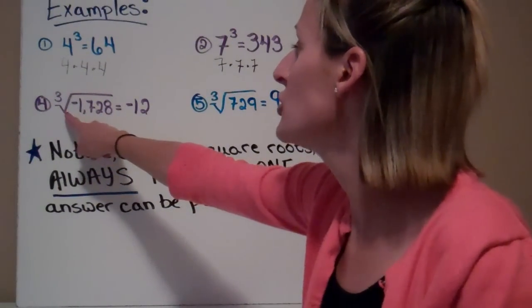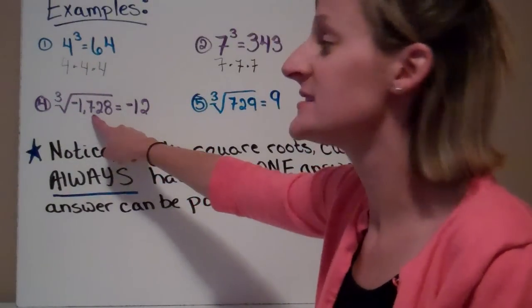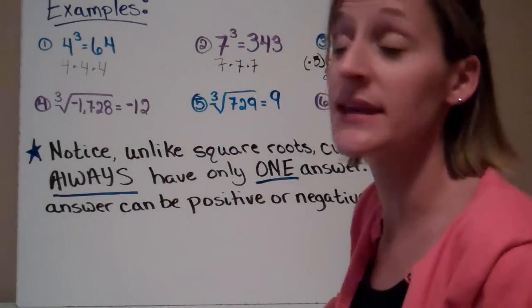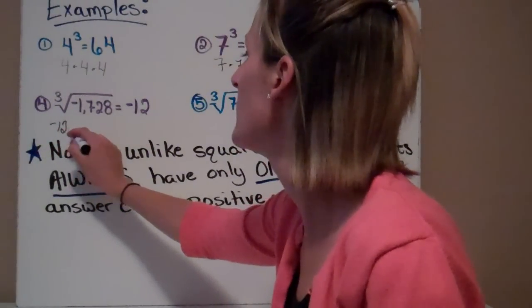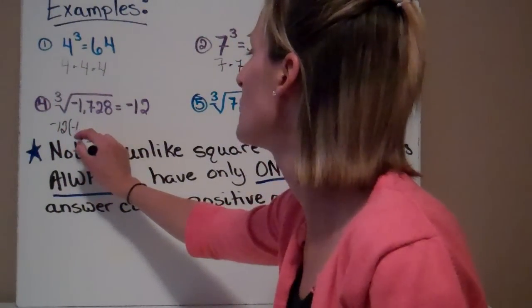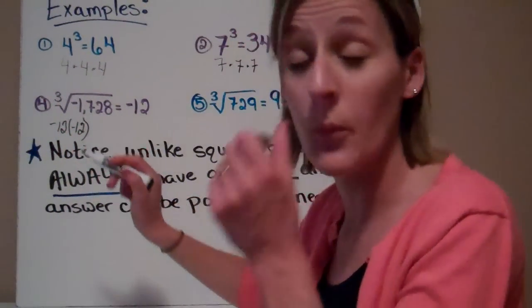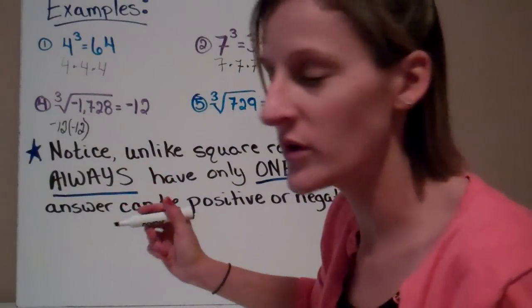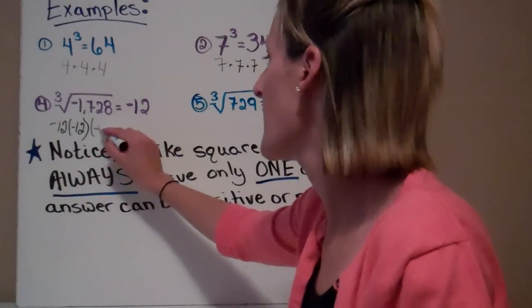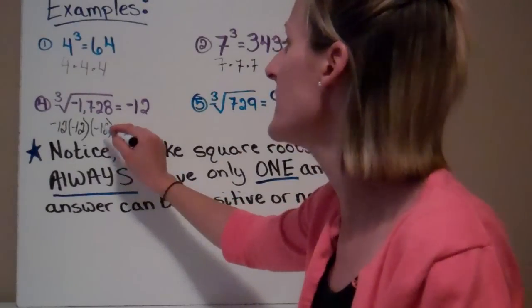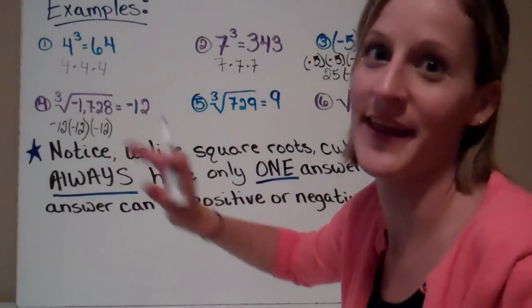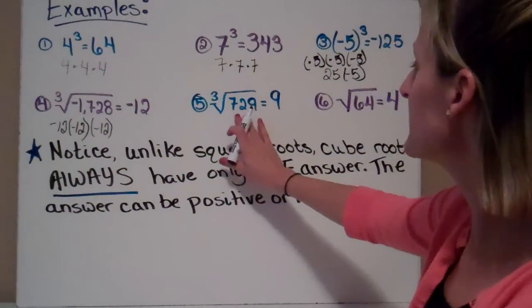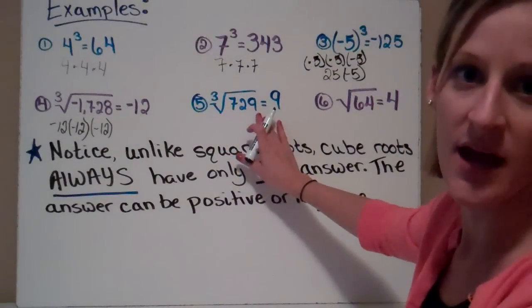So if I take the cube root of negative 1,728, I actually get negative 12. Because negative 12 times negative 12, which we learned with perfect squares is 144, and then you multiply again by negative 12, and that's going to give you negative 1,728.